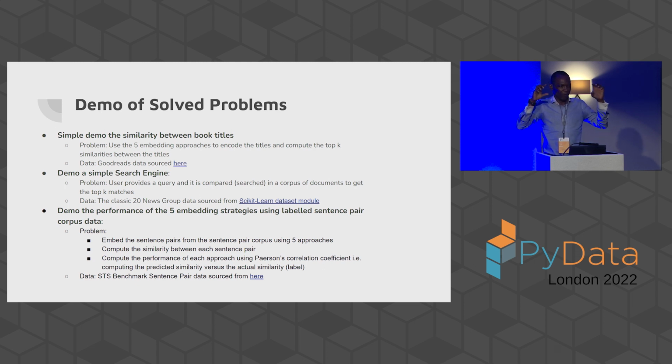How close is that query to all the sentences in the corpus? The third one is where I've done a comparative analysis of a bunch of embedding techniques, from the very basic TF-IDF to the more contemporary transformer-based models. I've given some numbers on which ones perform better. We'll get back to this later towards the end.